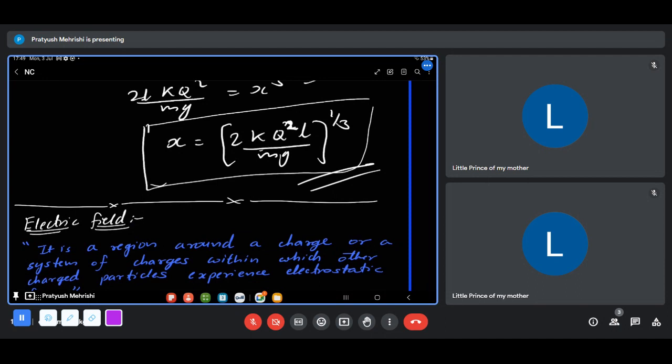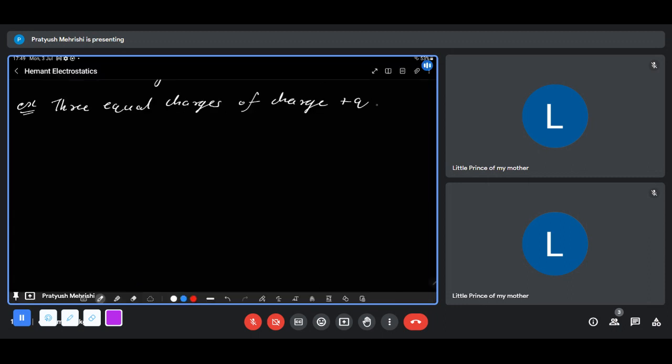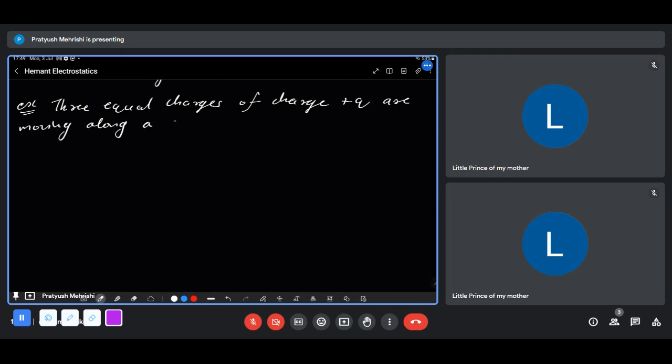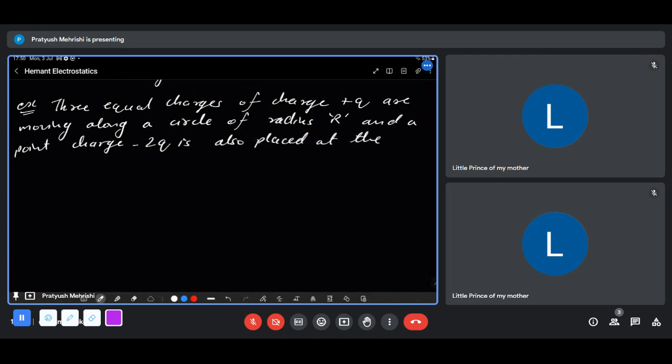Three equal charges of charge plus q are moving along a circle of radius r and a point charge minus 2q is also placed at the center of the circle.